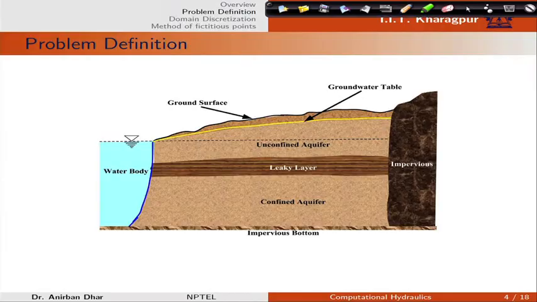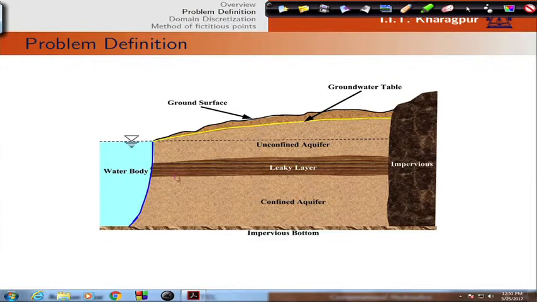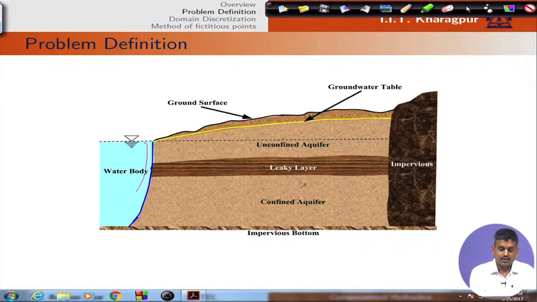Let us consider a physical problem. We have one water body on the left side. We have a confined unconfined aquifer system with a leaky confining layer.